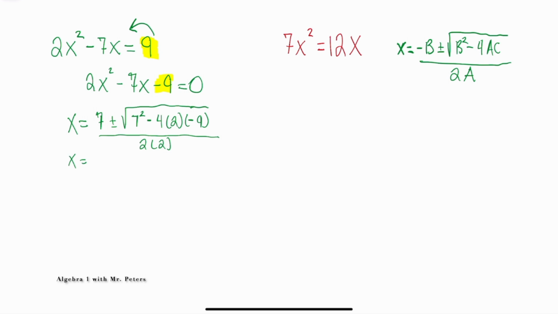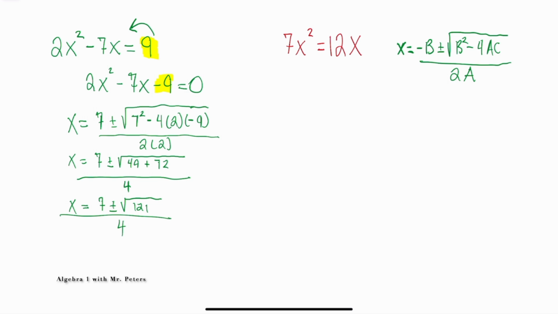So x is equal to 7 plus or minus, let's see, 49 plus 72 all over 4. So when we add 49 and 72, we're going to get x is equal to 7 plus or minus the square root of 121 over 4.